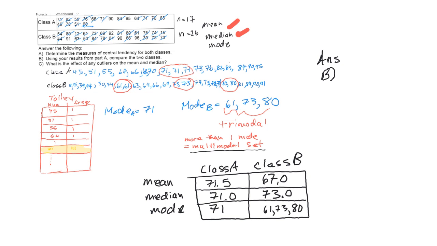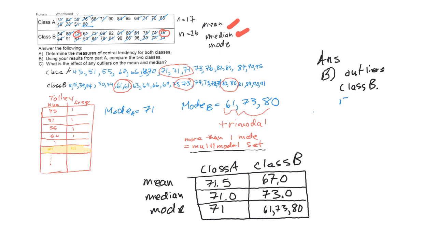Also, if you think about it, there are outliers in class B. For example, if you take a look, we have certain kids in this class that have a mark of, what was it, 15% and 12%.